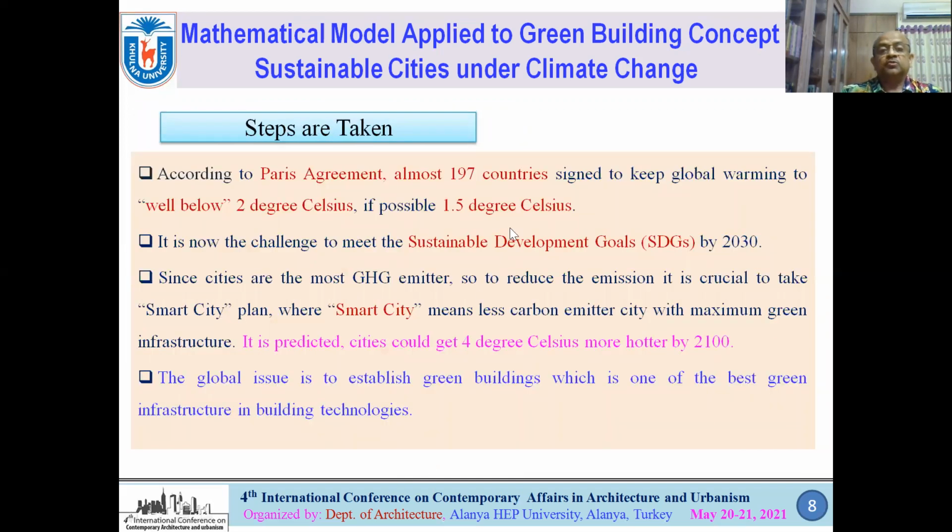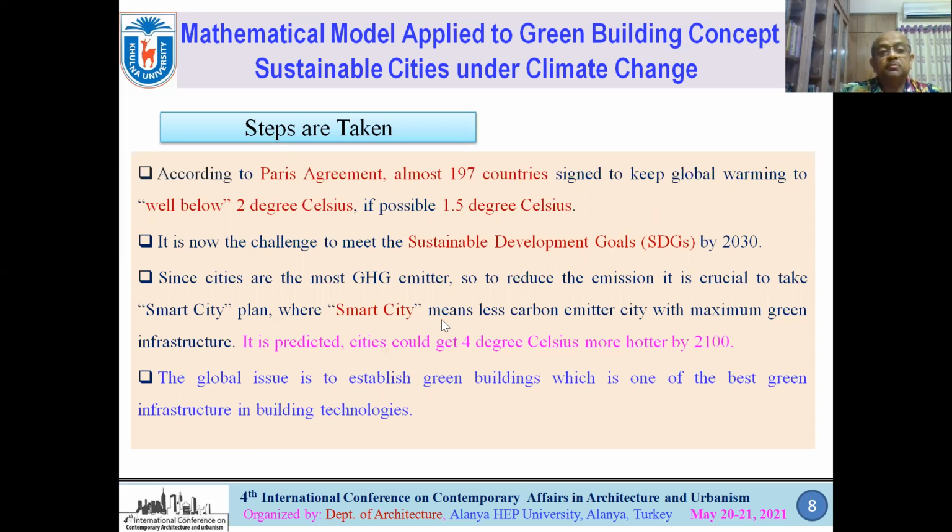So what steps should be taken now? According to the Paris Agreement, almost 197 countries signed to keep global warming below 2 degrees Celsius, and if possible even 1.5 degrees Celsius. So now it is a challenge to meet the sustainable development goals by 2030.